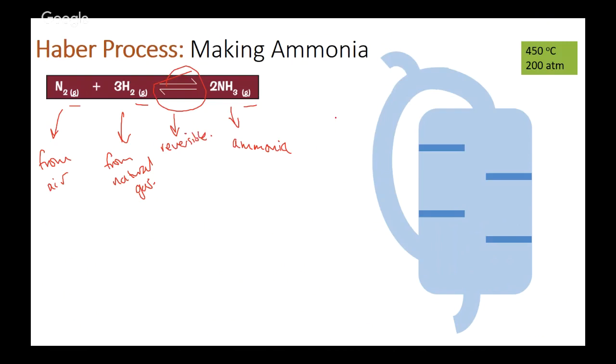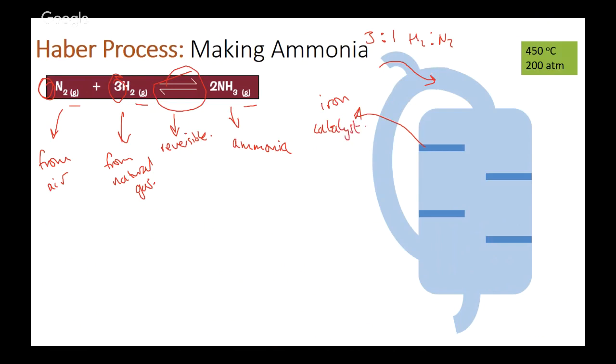A lot of people find describing how you make ammonia a little bit difficult, but actually it's quite an easy process. You have 3 parts hydrogen to 1 part nitrogen. So 3:1 hydrogen to nitrogen going into the top of the reactor. To help with the reaction, you have an iron catalyst, like we discussed when we were looking at the periodic table earlier, transition metal.